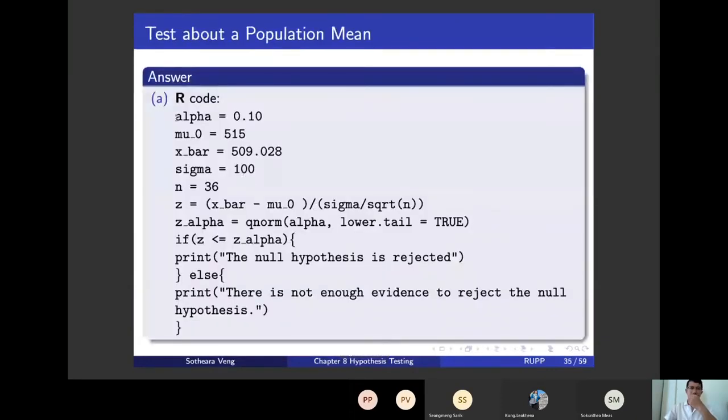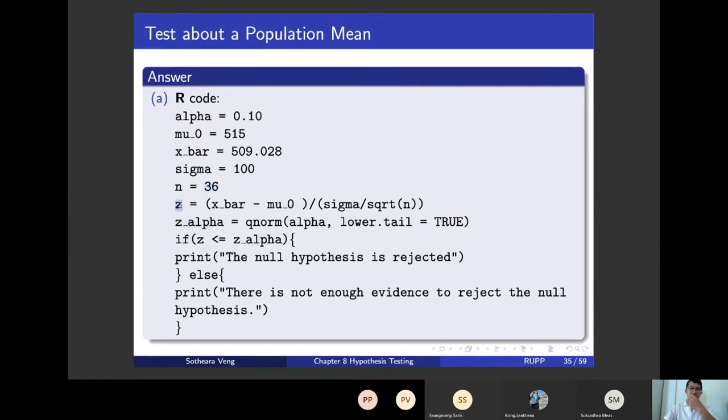So you have to specify the alpha to be 0.10, and the initial value of the population mean is this value, and from the sample you come up with the sample mean to be this, and the population standard deviation is known to be this, and you choose a sample of size 36.